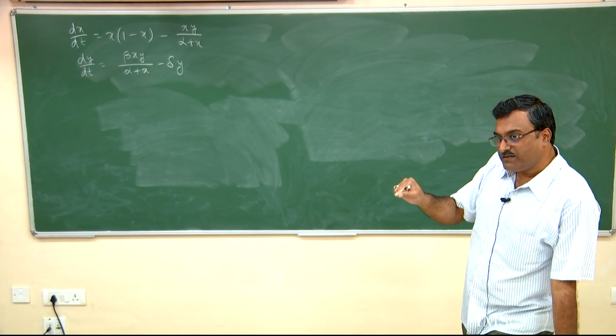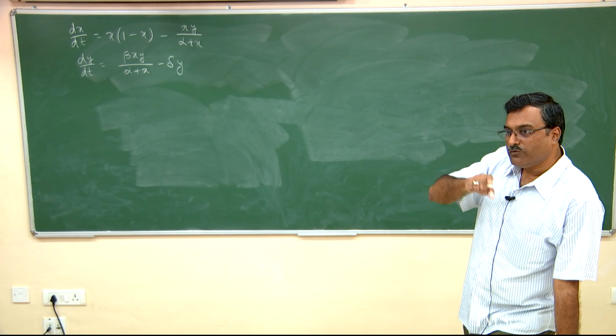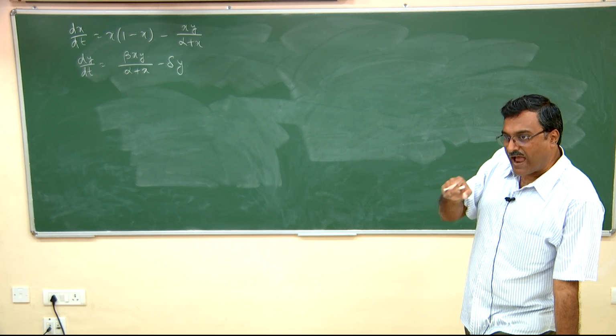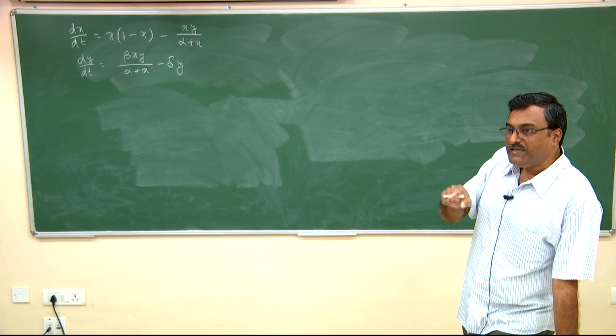and in the original model you can count that there are 6 parameters: r, k, a, b, e, and finally m. 6 parameters, and you have 3 scaling parameters, that is n equal to lambda x, p equal to mu y, and t equal to some eta t rest.